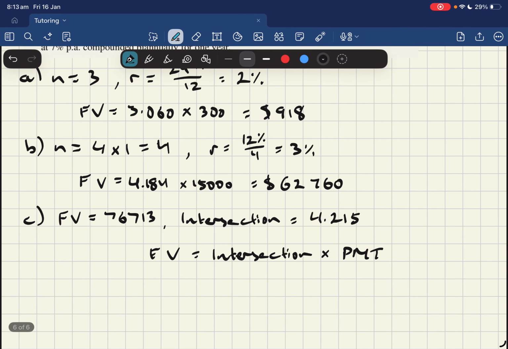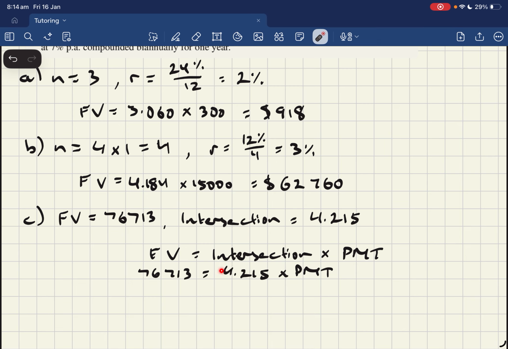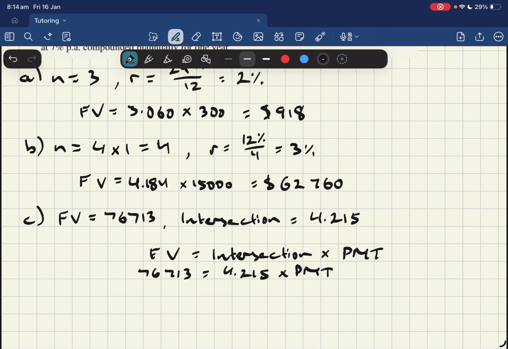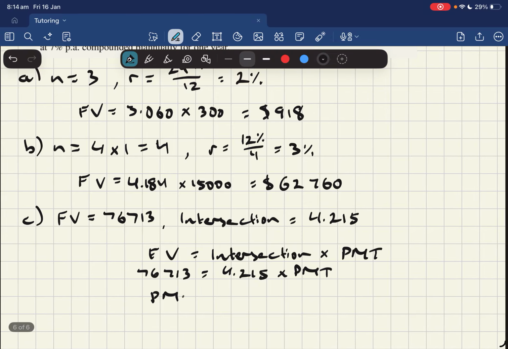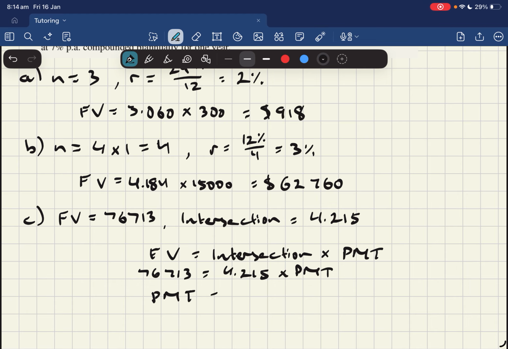Now, if I substitute into this formula, 76,713 is the future value. The intersection is 4.215. And the payment I want to find. This is just a one-step equation. I can divide both sides by 4.215 to find the payment. So PMT equals 76,713 divided by 4.215.